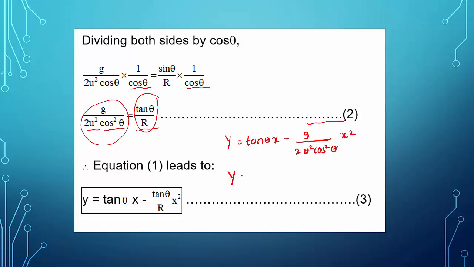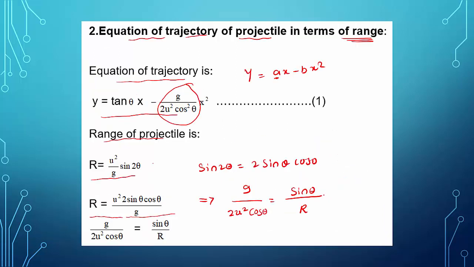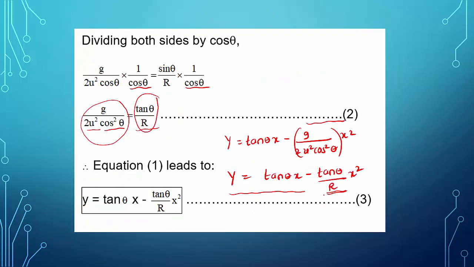I am going to rewrite this equation, tan theta into x keep as it is. In place of g divided by 2u square cos square theta, I can write tan theta divided by r into x square. Now we are going to express equation of trajectory in terms of horizontal range r. Equation 3 gives equation of trajectory of projectile motion in terms of horizontal range.